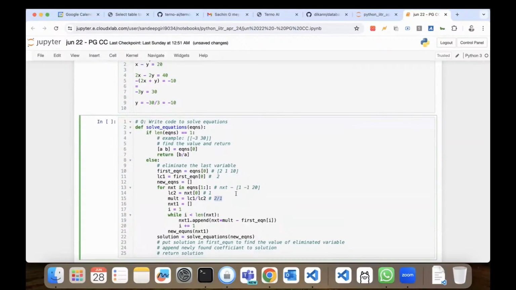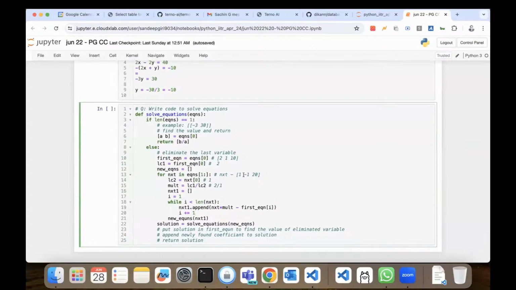Okay. And how do I do that? I'll multiply this equation with 2 and subtract the first equation. And since the first value is going to be 0, therefore I'm going to keep only from here. That's why I said i equal to 1, i less than length of the next equation.